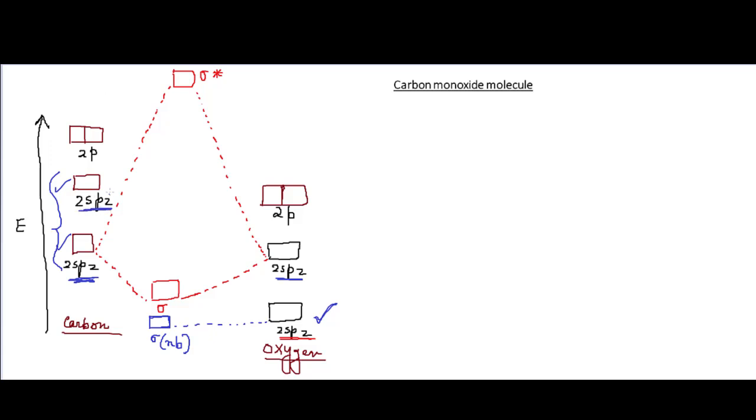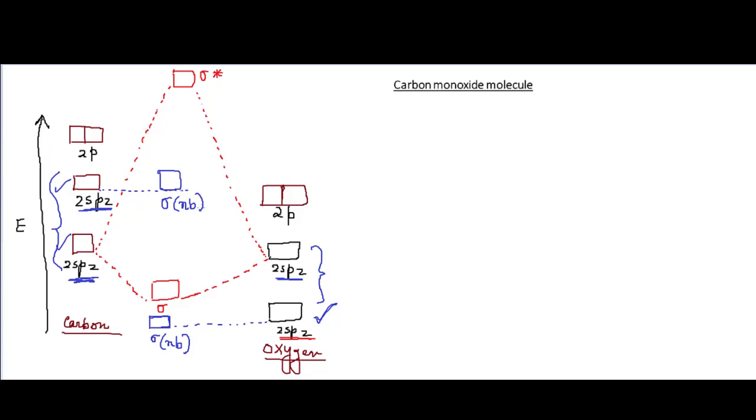It is far from any of the 2sp orbitals of oxygen, so it will again form its own orbital, the non-bonding molecular orbital, NB.